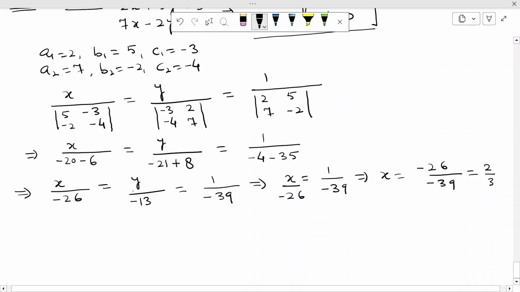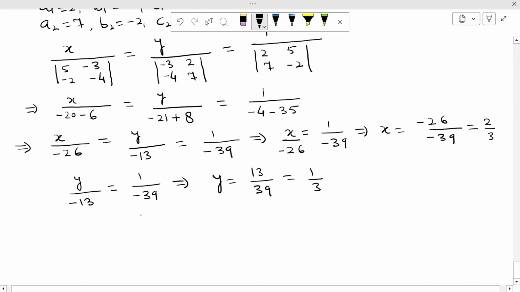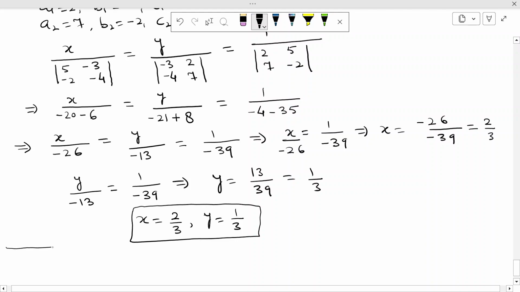And when you equate the second and the last term, so this is y over minus 13 is equals to 1 over minus 39, and this gives you y is equals to 13 upon 39, which is 1 by 3. So the solution of this system is x is equals to 2 by 3 and y is equals to 1 by 3.